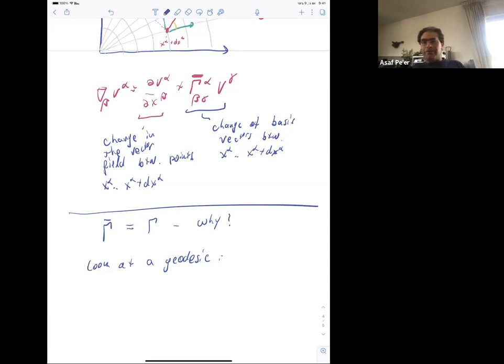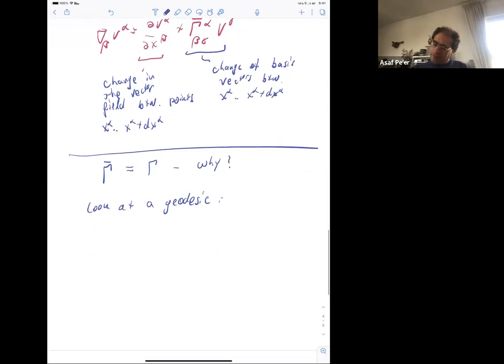But I can think of a geodesic in a slightly different way. I can think of the geodesic as a curve in which the tangent vector to the curve is always parallel to itself.